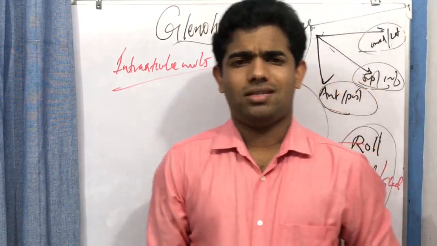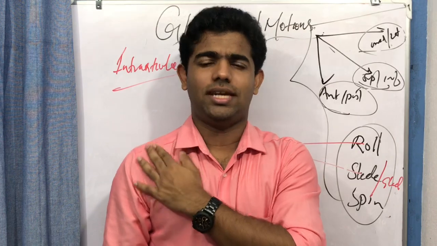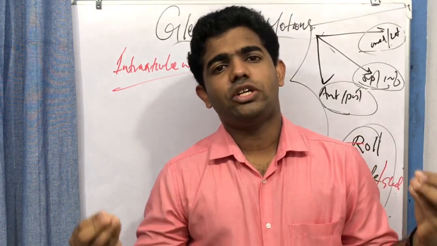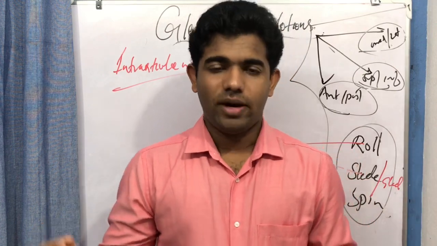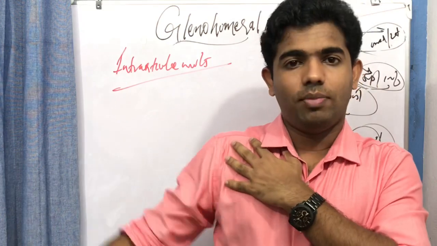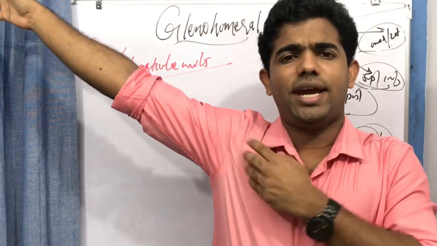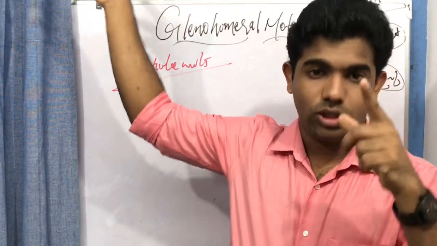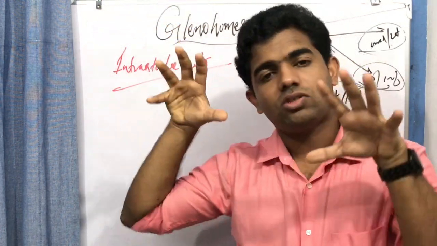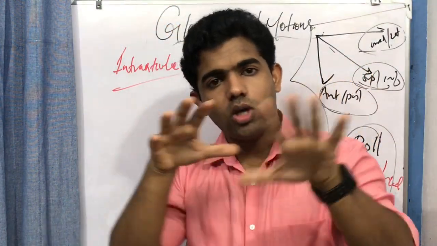So when the arm is at the side, just the superior capsule is tight, and there is not much restriction possible with the capsule. But when the arm is reaching its extremes of range of motion, or from the mid range of motion, the capsule gets tight and it can restrict the range of motion. And at the extremes of range of motion, it's not just a restriction, the capsule causes movement.